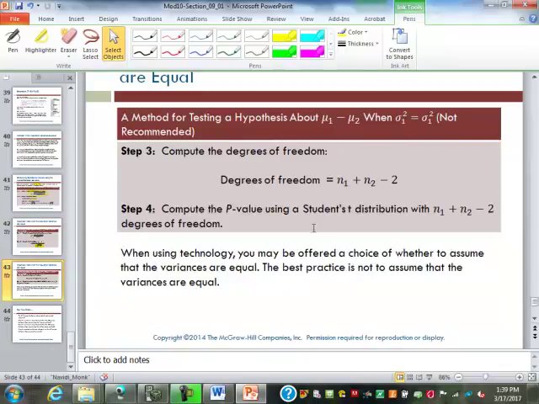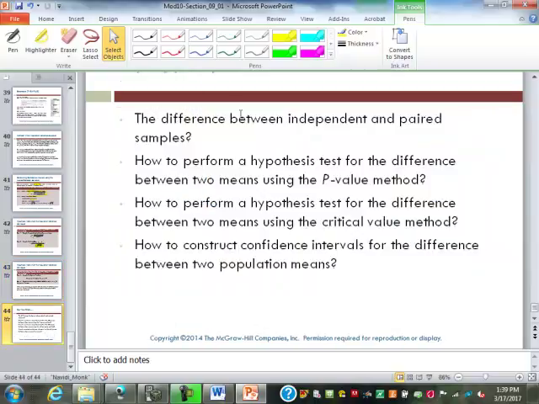And degrees of freedom, of course, is you add the two sample sizes together and subtract 2. Like I said, for this course, we're not going to use that Z test really for anything. If there are two populations we are comparing, we're going to use a T test for the means. Now, when we get to the proportions, we will use a Z test because proportions, remember, always use a Z test.